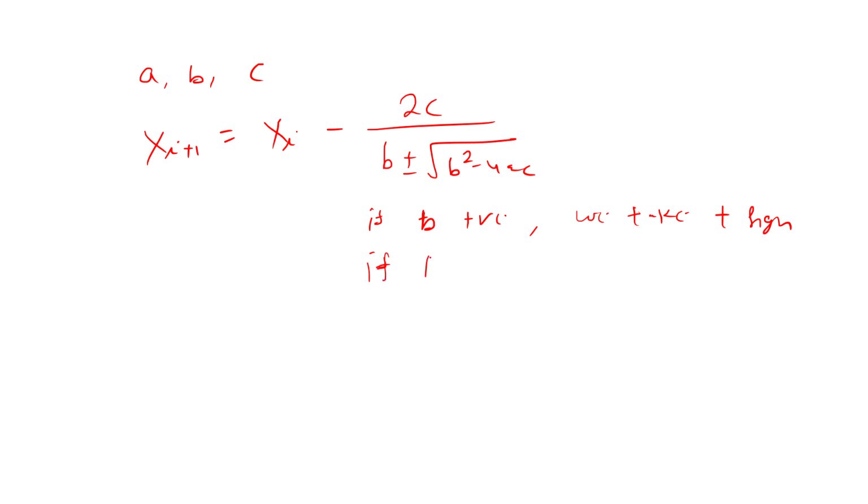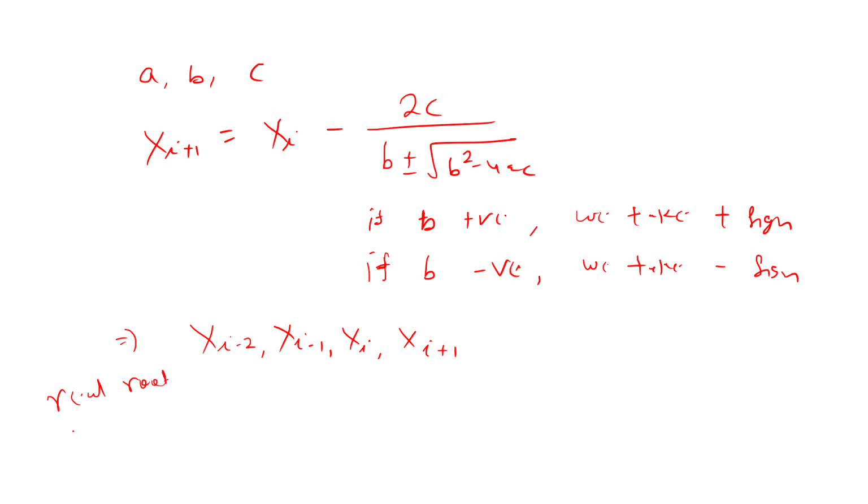If b is minus value, then we take minus sign. So after doing this, we have this xi minus 2 and xi minus 1 and xi plus 1. Now if we want only real roots, then we will choose closest points to xi plus 1.